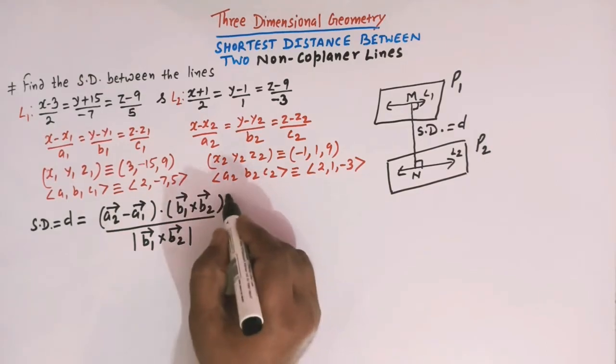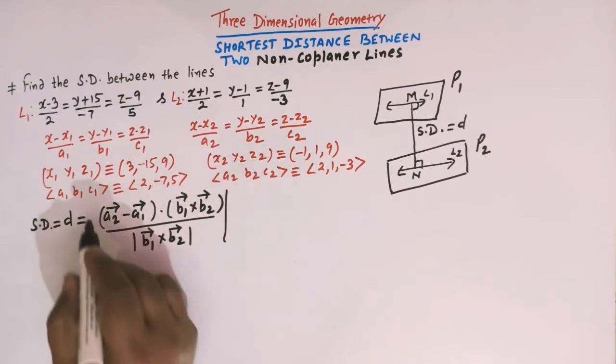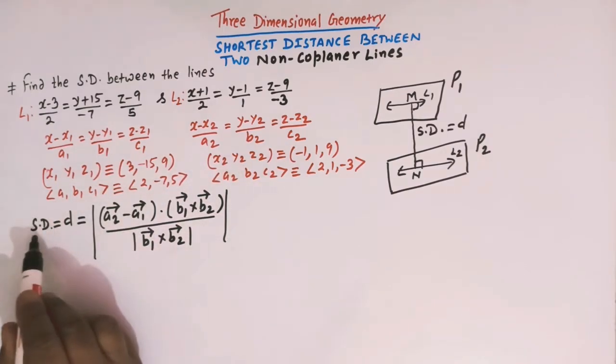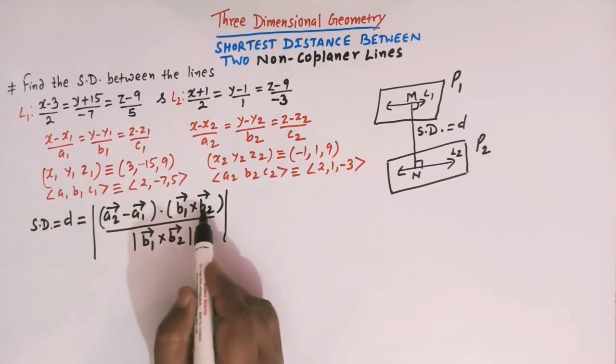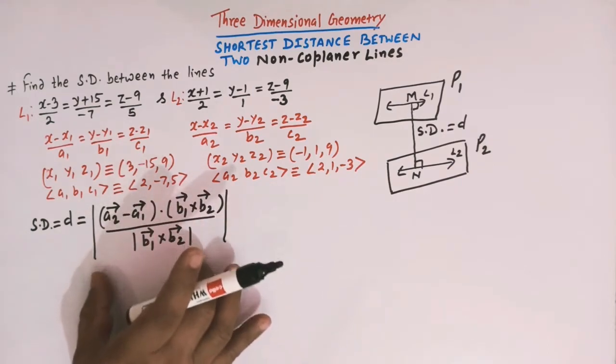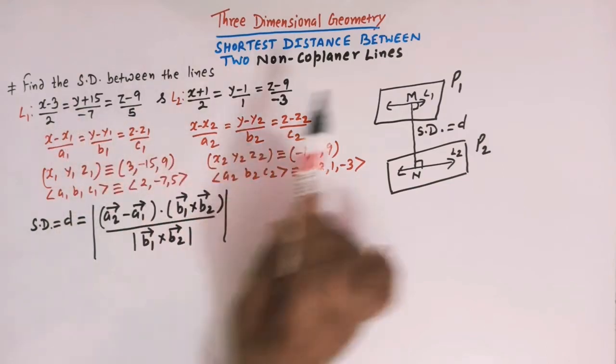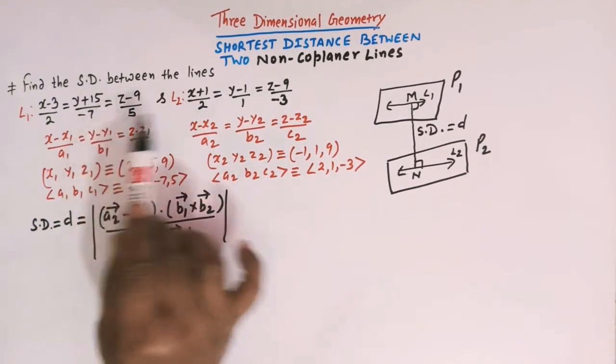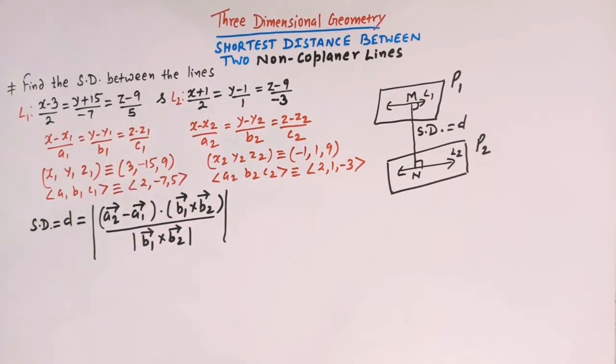And then we take the absolute value of this quantity, right? So now we have to apply this formula to find the shortest distance between these two lines L1 and L2.